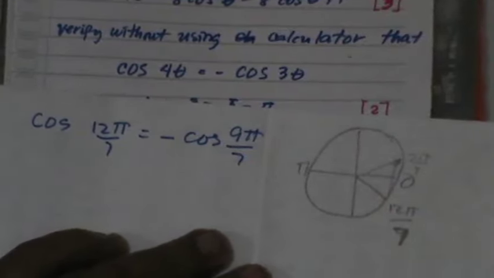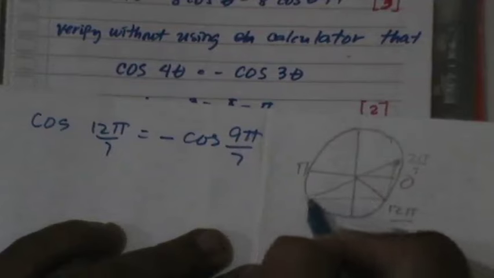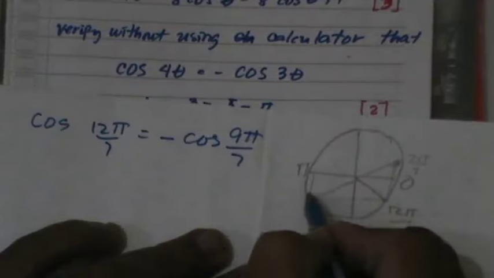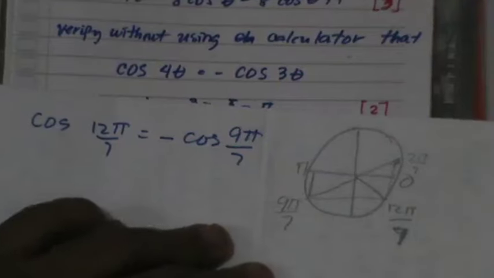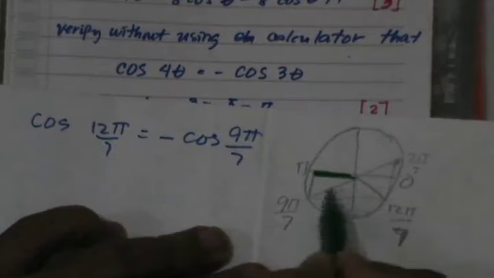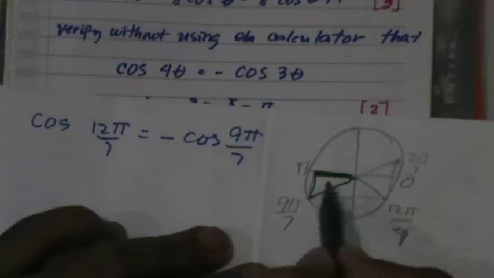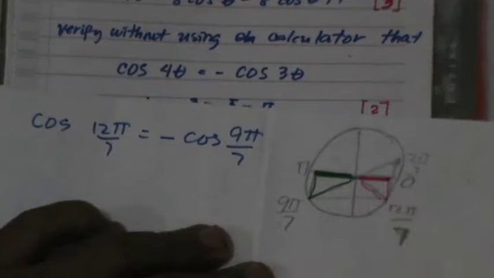And what we're going to show is that this one is equal to the negative of the cosine of 9 pi over 7. So 9 pi over 7 is here. This portion is the cosine of 9 pi over 7 with respect to the triangle, and this one is the cosine of 12 pi over 7 with respect to the triangle.